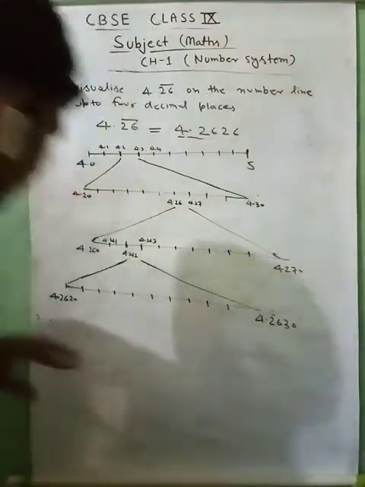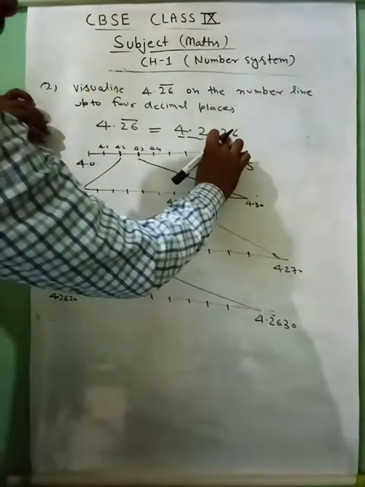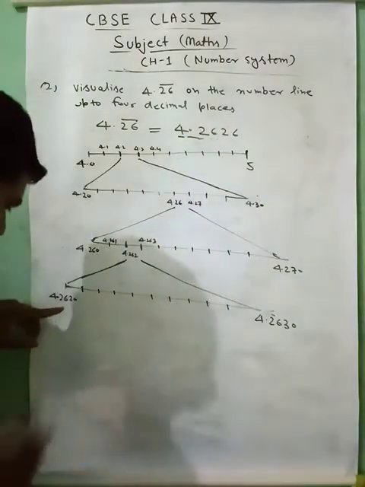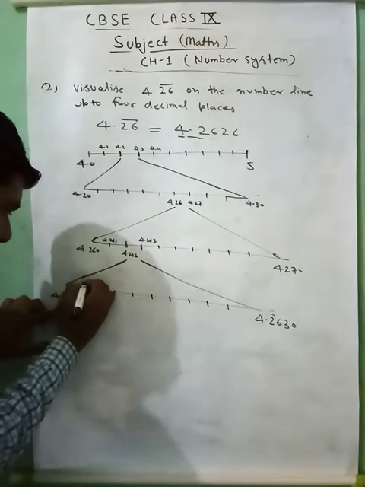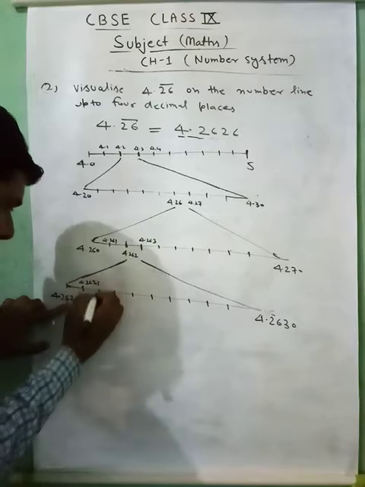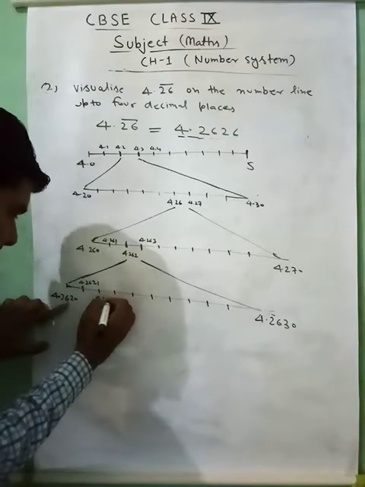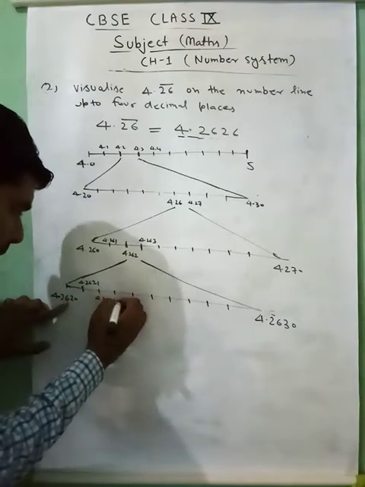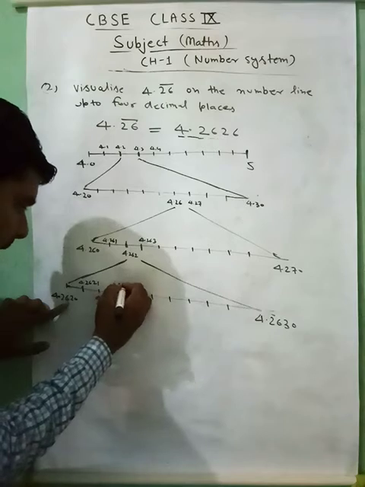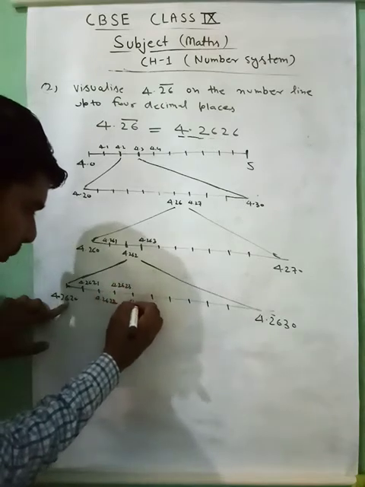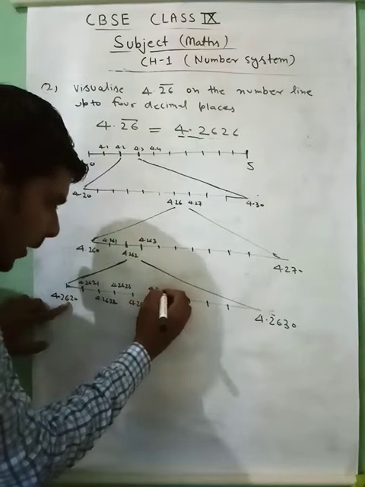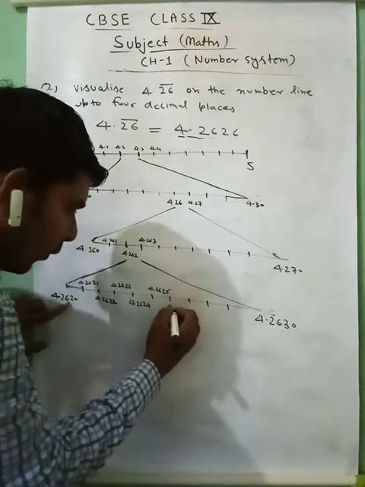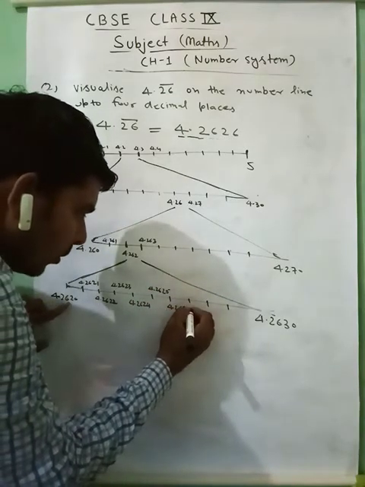And it is 4.2630. So you have to show after 2 it is 6. So it is 4.2620, 4.2621, 4.2622, 4.2623, 4.2624, 4.2625, 4.2626.